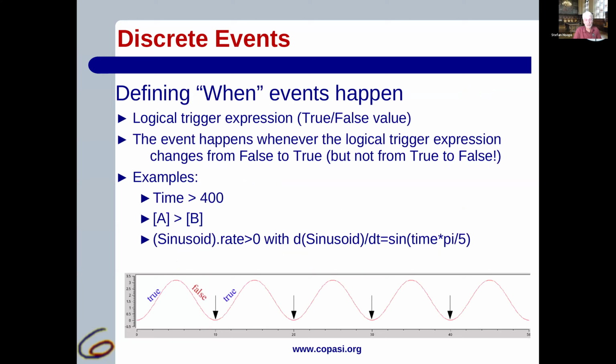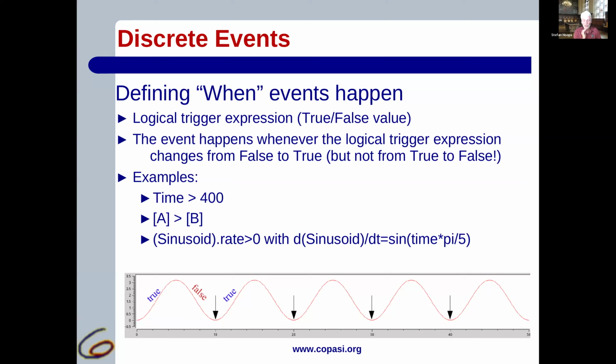So how is that done? The first thing is you need to define when, and this is called a trigger expression. And events happen when this trigger expression changes from false to true, but not from true to false. So it happens in that example down here, which is actually the third one, where I have a sinusoid curve and my trigger is the rate should be bigger than 0.